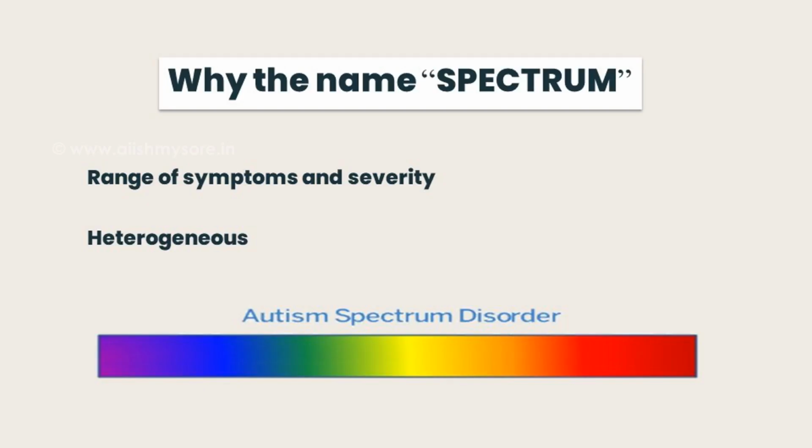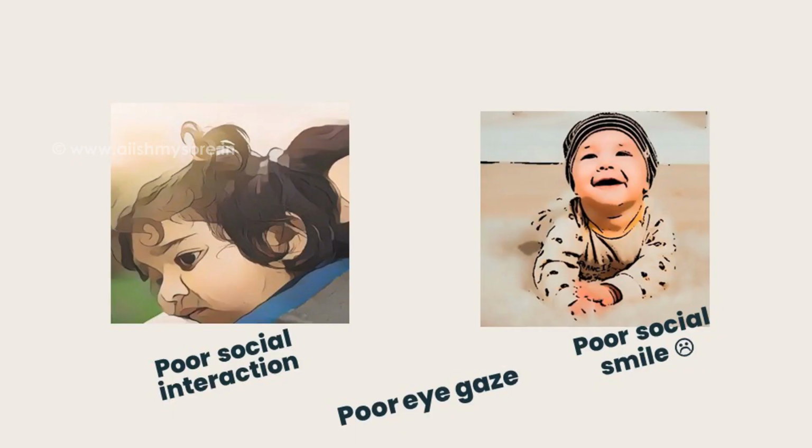So it is possible that some of the symptoms are seen while some others might be present in very less severity. Also, the triad traits that I just mentioned may not be present in all of them. So what kind of deficits do these children have?